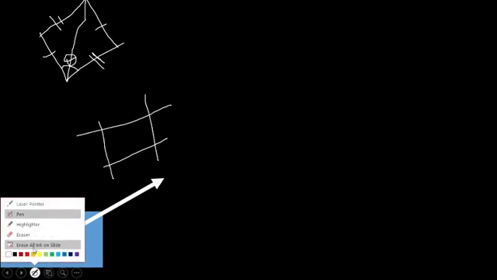Can you see the Z line? If you can draw a Z line, what is the implication? The angle inside of the Z is equal to the angle outside of the Z. This is what they call alternate angles.